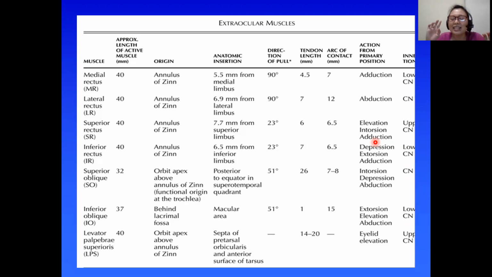Now, for the torsional movements: all the superior muscles will intort. All the inferior muscles will extort.